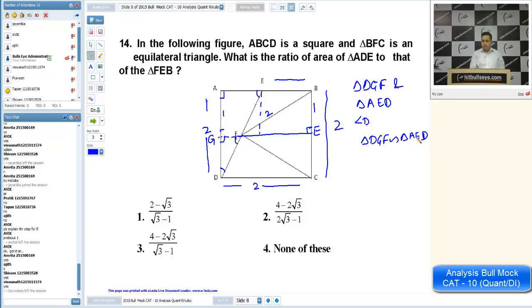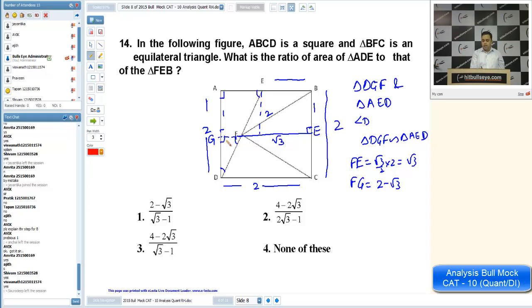Also, the height FE of this equilateral triangle will be equal to root 3 by 2 into side, which is equal to root 3. That means FG will be equal to 2 minus root 3, since total GE is equal to 2.